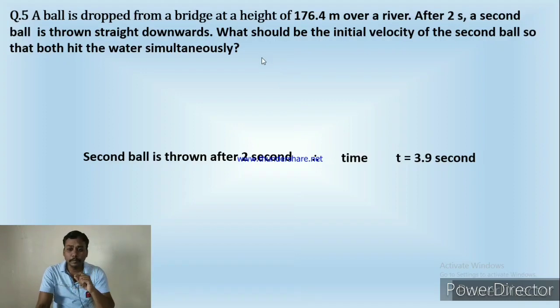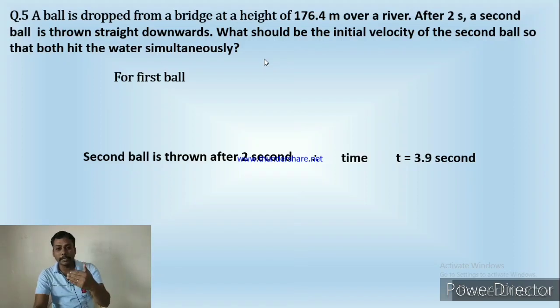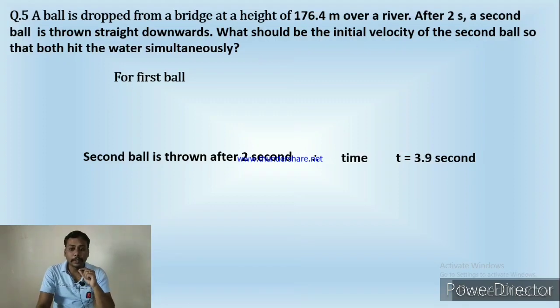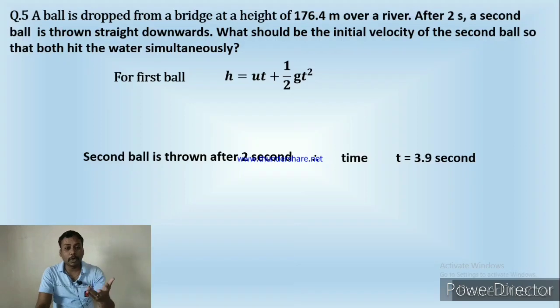So for the first ball, here h is given, means the vertical height, or in kinematical motion, the displacement. So here we use the kinematical equation, h is equal to ut plus half gt square. Initially the ball is dropped, means initially the ball is at rest, so u is equal to 0 here.